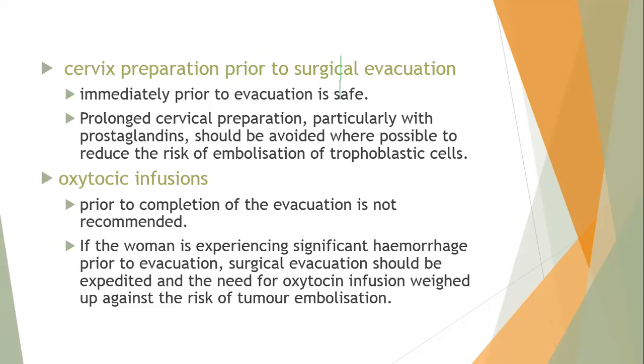Is preparing the cervix prior to evacuation a good idea? We can do it, but immediately before evacuation. But long term or prolonged cervical preparation, no, we don't use. Also oxytocic infusion is avoided to avoid tumor embolization.